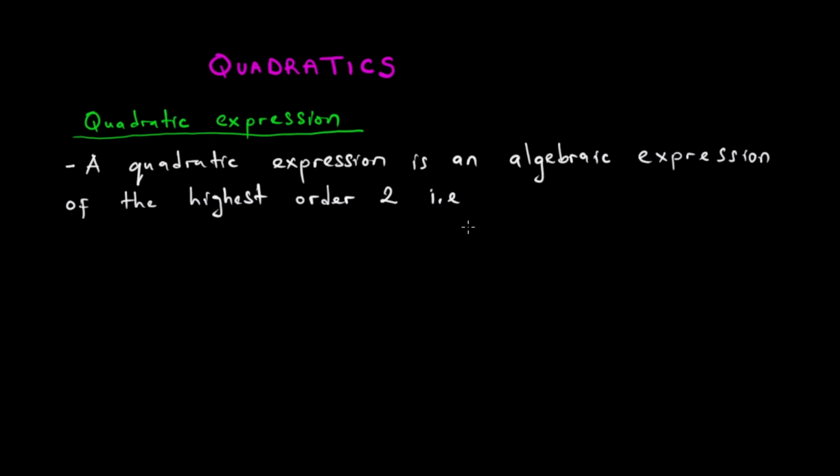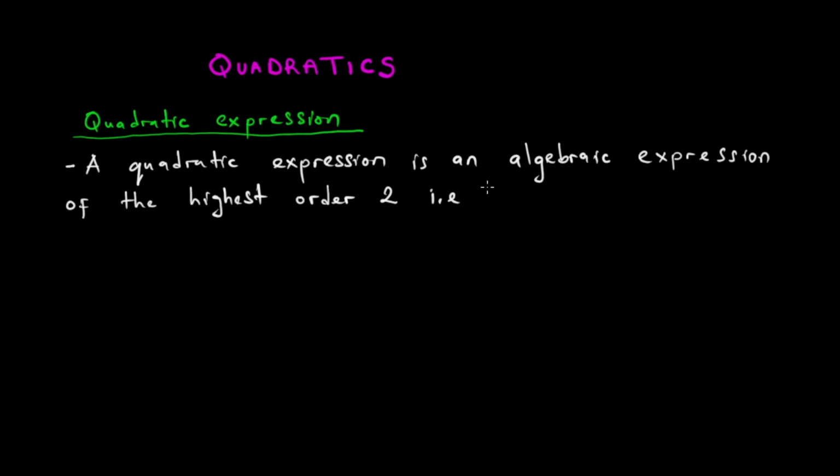Firstly, it's an algebraic expression. Meaning that we will have a mixture of variables, unknowns, or letters and numbers. That is what makes an algebraic expression. But this algebraic expression is of the highest order 2.